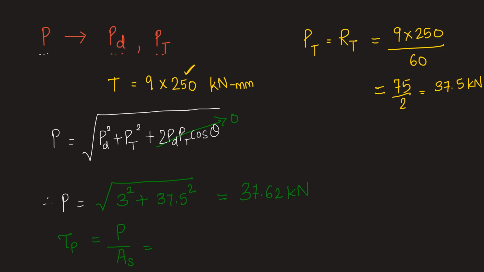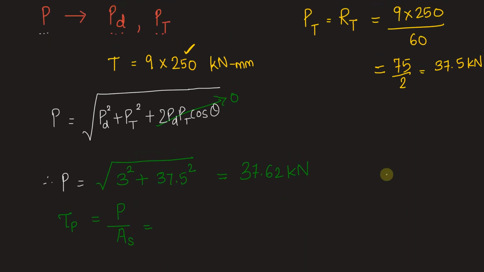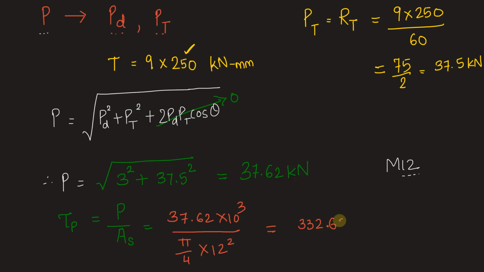The shear area of the bolt can be found using the diameter given. The diameter is given in the specification of bolts, that is M12. M12 means the diameter is 12 millimeters. So if we substitute, this is in kilonewton, let's convert it to Newton. 37.62 into 10 to the power 3 divided by pi by 4 into 12 square, which is equal to 332.63 Newton per millimeter square, since the area is in millimeter square.